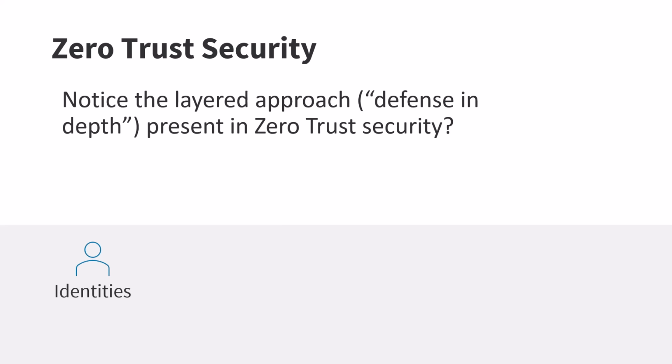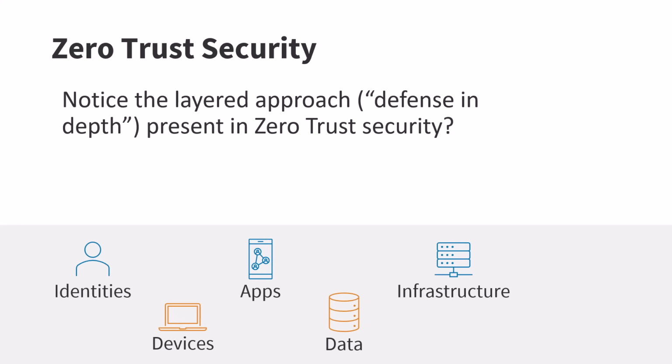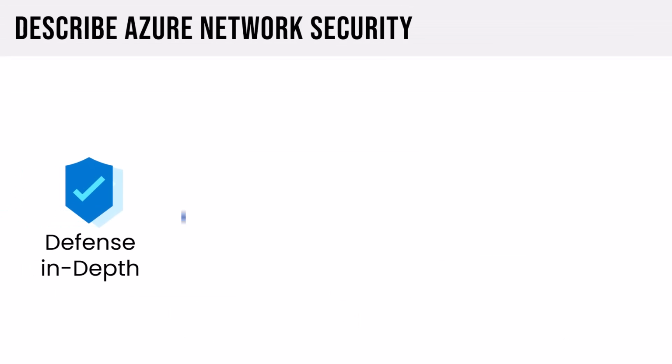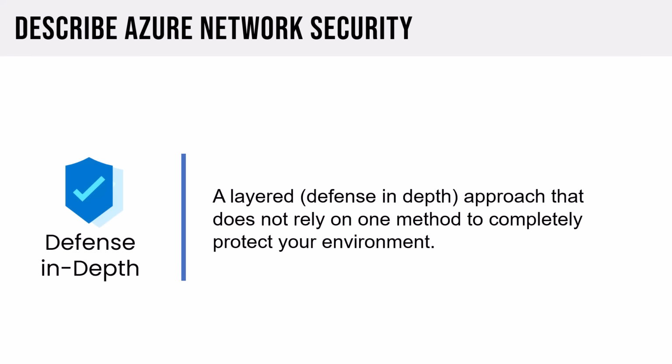We're layering security in across our identities, devices, apps, data, infrastructure, and our network. We don't have to catch those attacks at every layer, just before it becomes a breach. And again, defense in depth, a layered approach that does not rely on any one method to completely protect our environment. Again, just a concept, not a product.